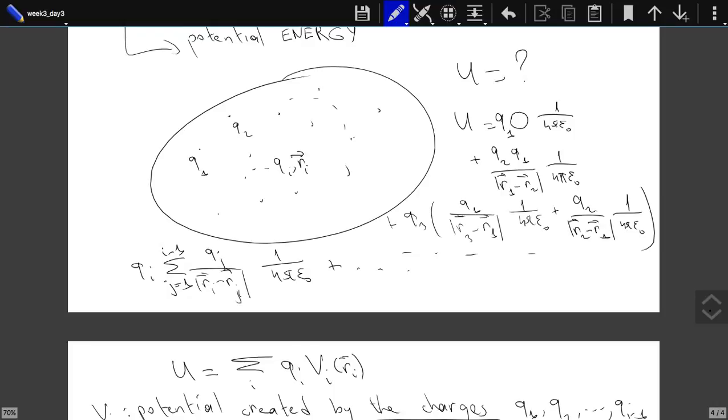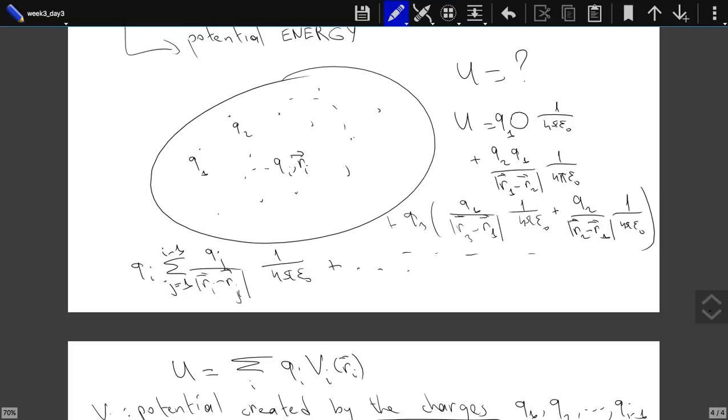This one, no. Not putting one charge into this system. What I'm imagining here is I brought the charge Q1, then the charge Q2, then the charge Q3, Q4, Q5, Q6, up to Qi minus 1. I brought i minus 1 charges into my system. I'm forming this configuration. I brought not all of the charges, but only i minus 1 of them.